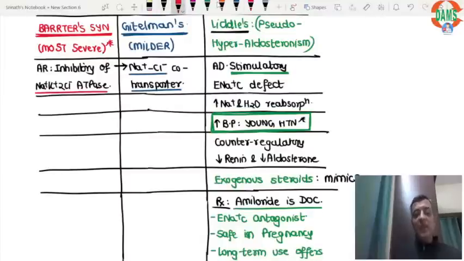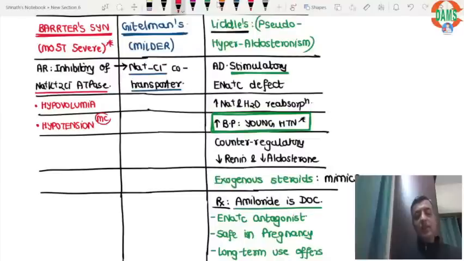The pump defect being most severe causes the most severe defect of sodium and water absorption, leading to severe hypovolemia and hypotension in the majority.